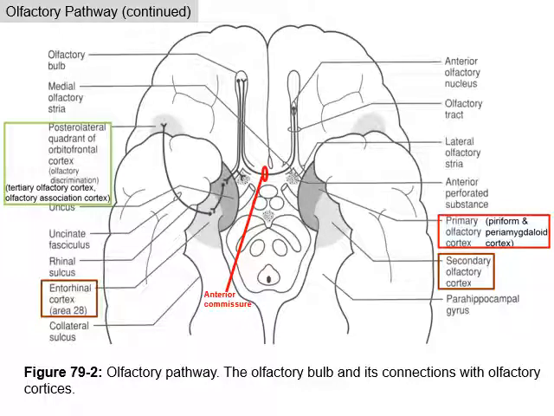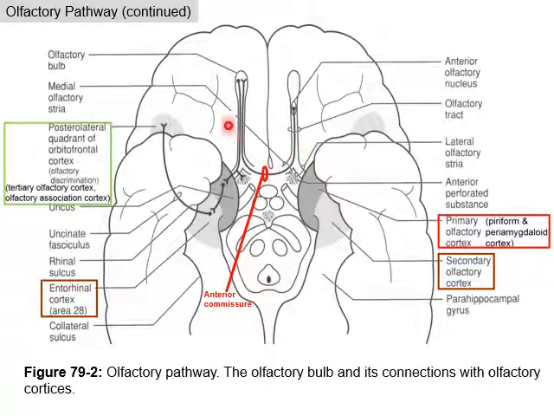This slide shows you the details of the structure of the olfactory bulb and tract. Here is the olfactory bulb and here is the olfactory tract. The olfactory tract contains the anterior olfactory nucleus, and as you see, the anterior olfactory nucleus sends the axons that cross to the opposite olfactory tract and bulb.